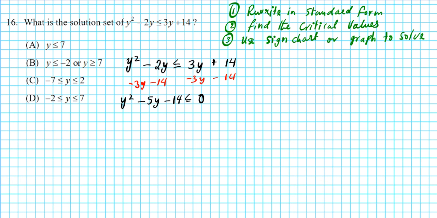So what we're going to do now is find the critical values. To find the critical values, we just have to find what makes this quadratic expression on the left equal to 0.